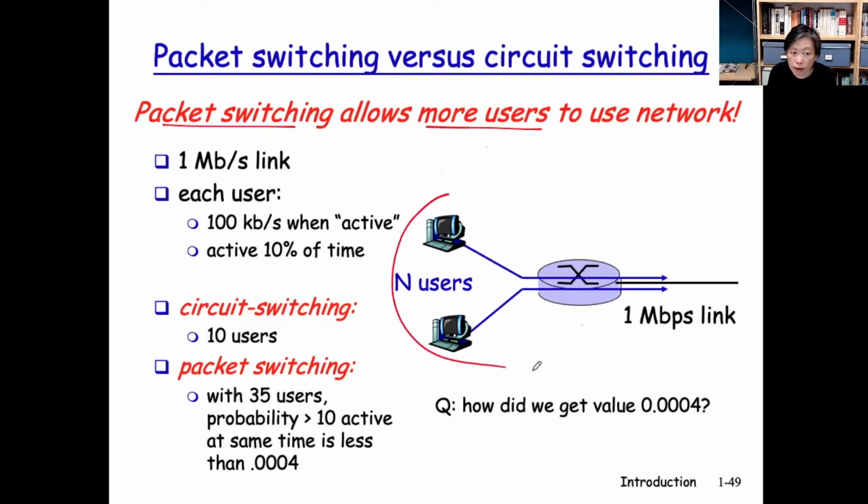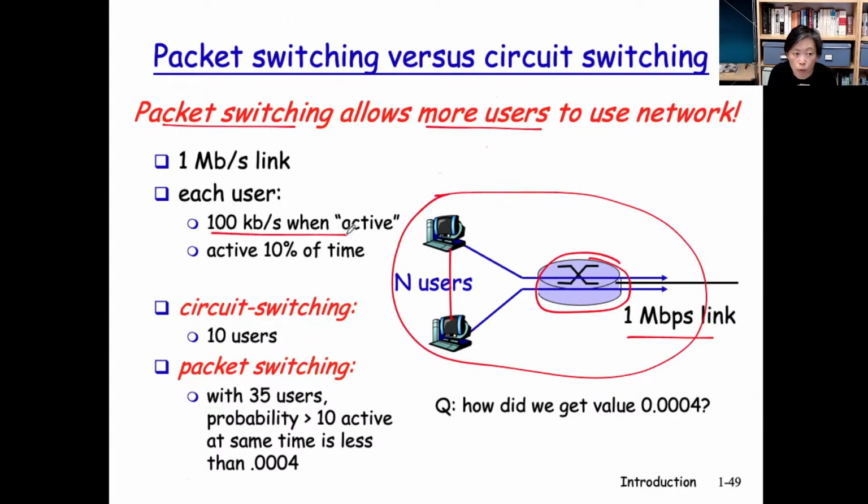All right, so the scenario is very simple. We have a network of end users, and they're behind this router. Going out of the router is a very low bandwidth link, 1 megabit per second. And each of the users behaves this way. When they're active, they need a lot of bandwidth, 100 kilobits per second. But they're only active 10% of the time.